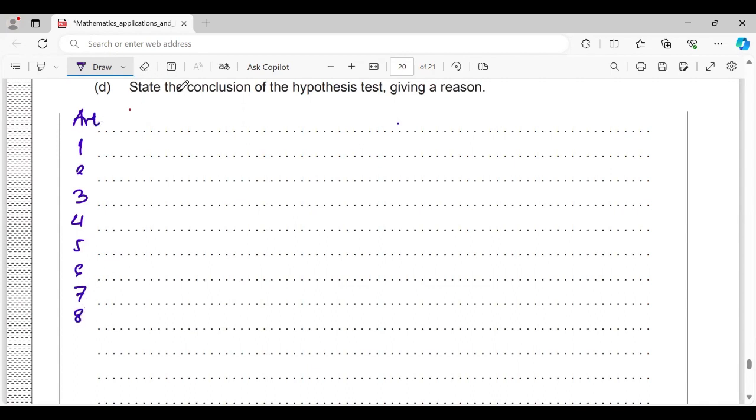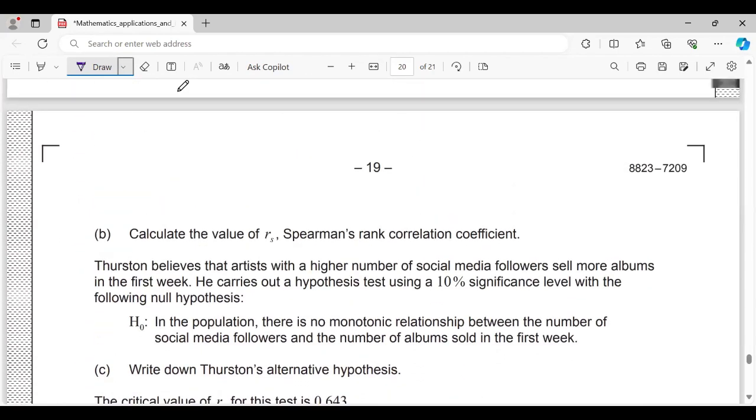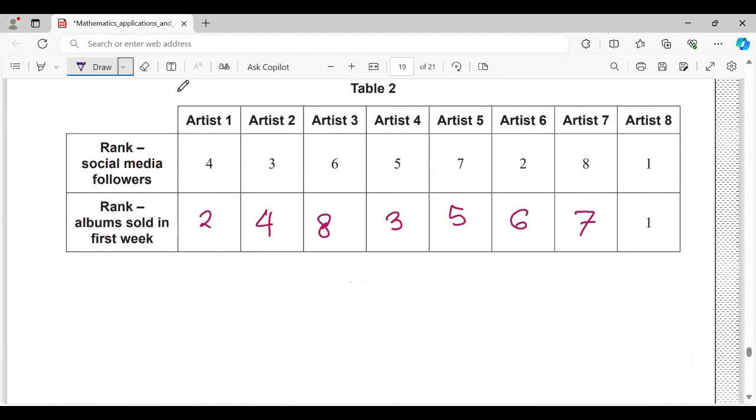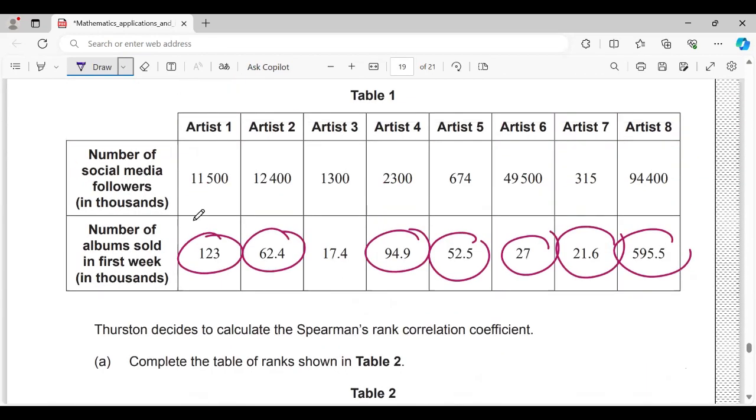Then the number of social media followers and the number of albums sold in the first week.